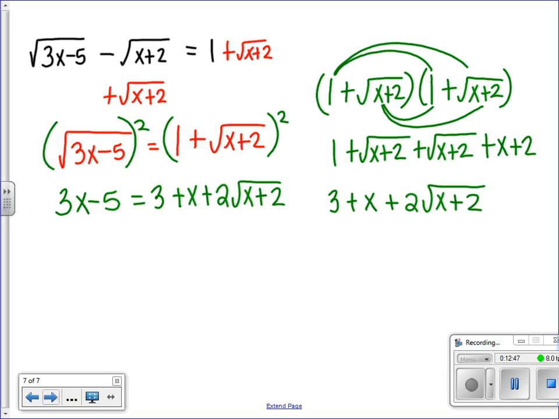Okey-dokey. Clean it up. Isolate that radical again. So I'm going to subtract 3. And that's going to be negative 8. I'm going to subtract x. That's going to be 2x. So I have all of this.